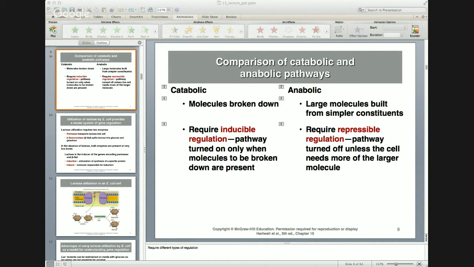It binds to the repressor protein, changes the shape of that repressor protein, and prevents the repressor from binding to the operator. That frees up the promoter operator region and allows RNA polymerase to bind and initiate transcription of the structural genes. Okay? All right.